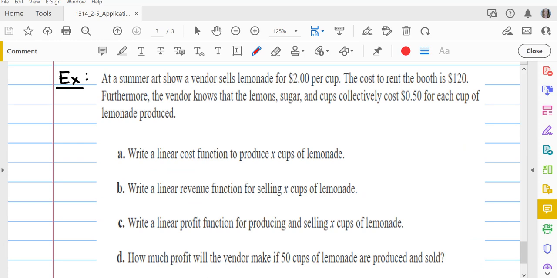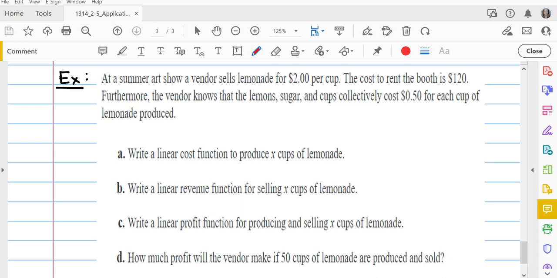At a summer art show, a vendor sells lemonade for $2 per cup. That's going to be part of the revenue, the money that you bring in from selling it. The cost to rent the booth is $120. Furthermore, the vendor knows that the lemons, sugar, and cups collectively cost 50 cents for each cup of lemonade produced.